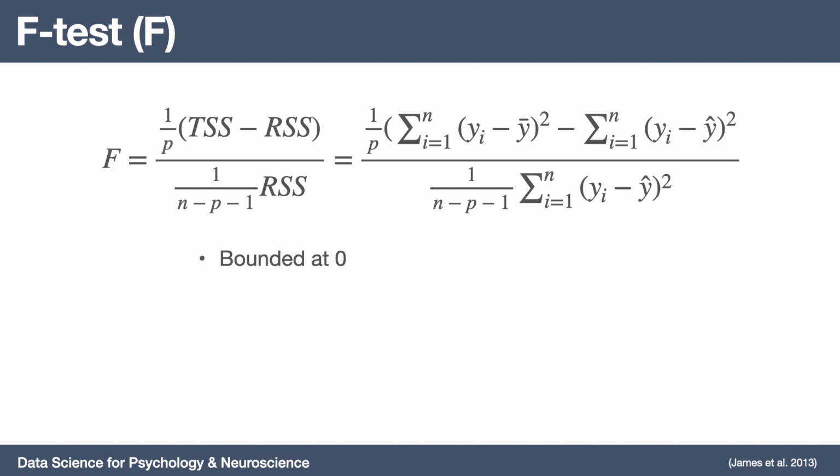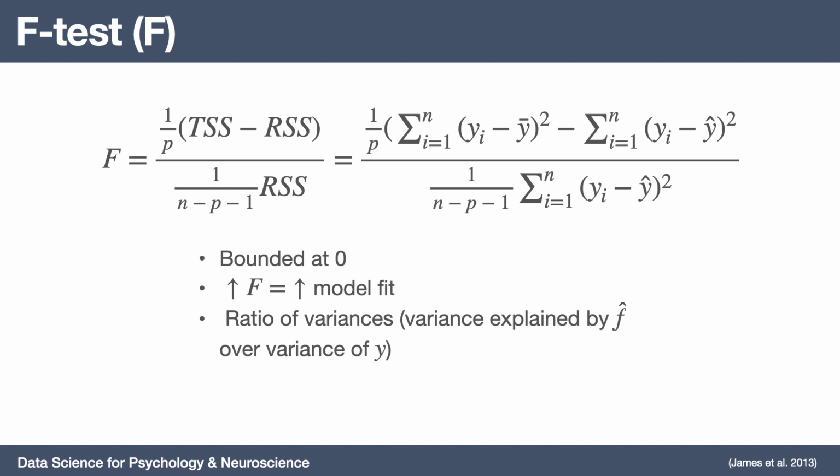Like the RSE, or the residual standard error, this is bounded at 0. Like the coefficient of determination, higher f values mean greater model fit because you're getting a greater separation of the total sums of squares from the residual sums of squares. And it's a ratio of variances, again. Variance explained by f hat versus the overall variance of y.